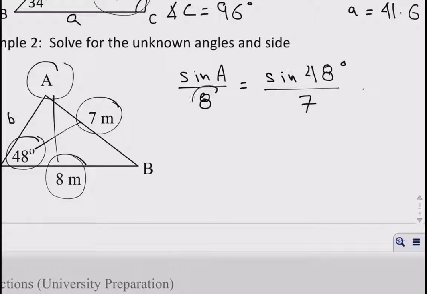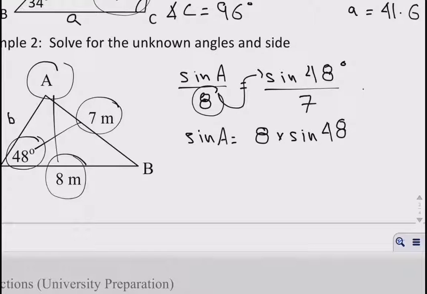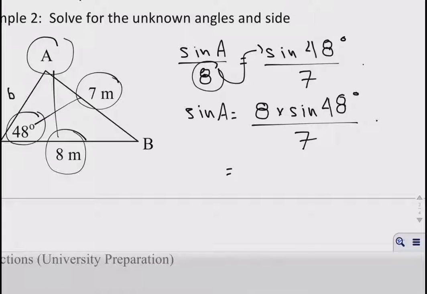Here we can bring the 8 up to the other side. So I have sine A equals 8 times sine of 48 all over 7. Once you do some calculation, let me see what we get here.